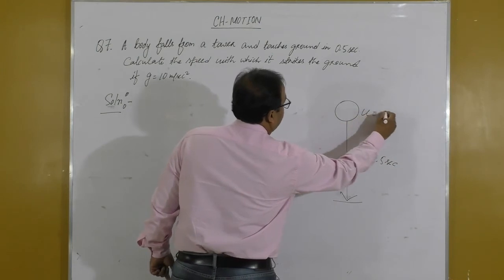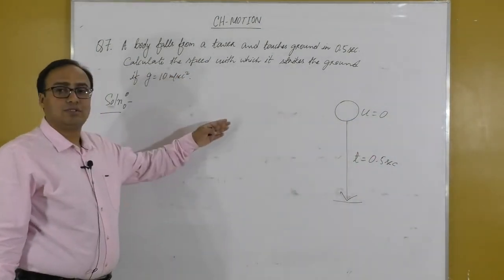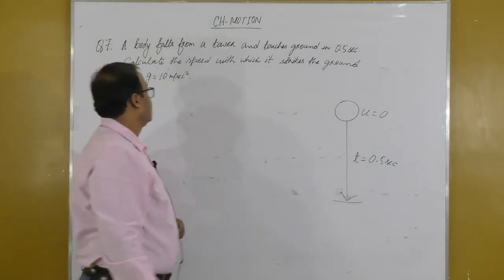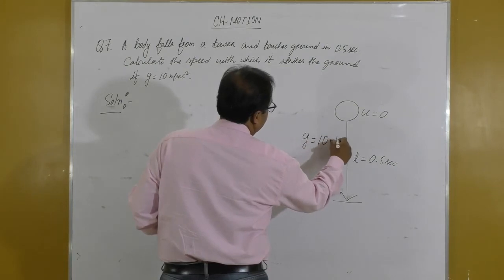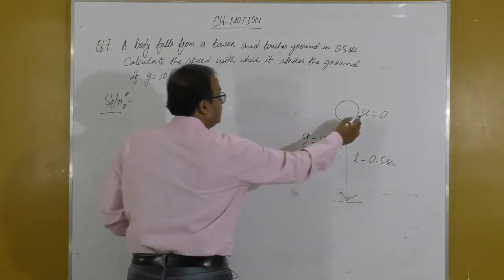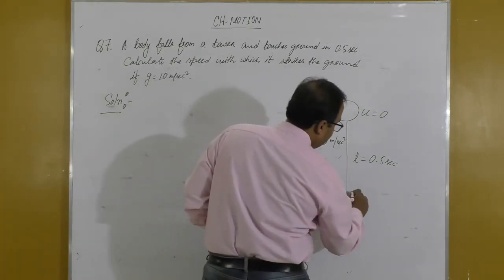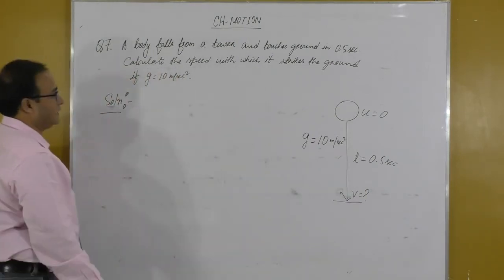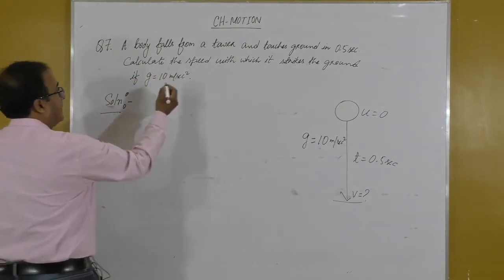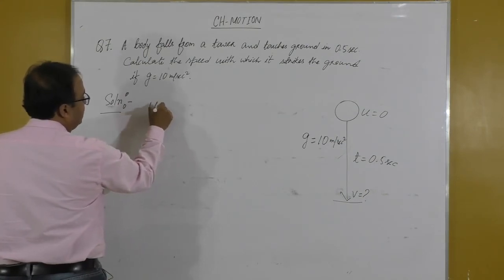In this case we will take the initial velocity as 0, because we know that when a body is in free fall, u is considered to be 0. We will take the value of g as positive. You have u, you have g, you have t and their values, and you have to calculate v, the velocity just before striking the ground. So values are given there. We can directly solve it. We know the equation.